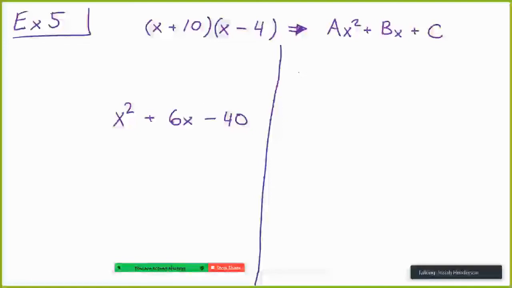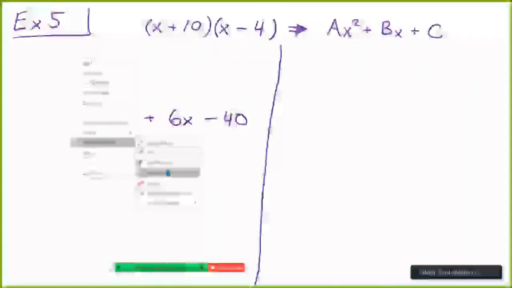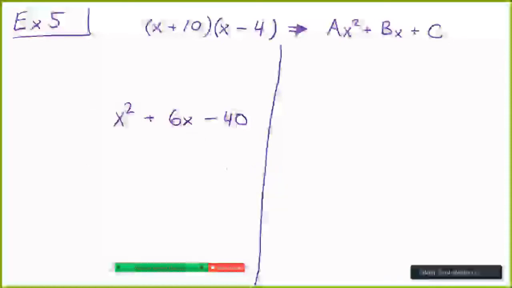Let's work it out real quick together, and everyone can compare notes. Let me change my color. So here I'm going to work it out in red now. X times x, that should be x squared. X times negative 4, negative 4x. And now we're all done with that single x.